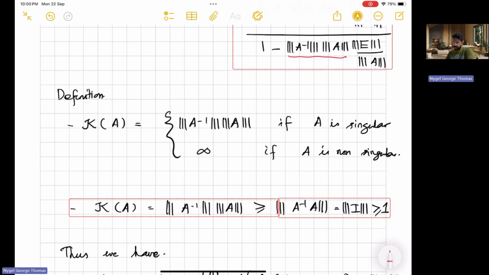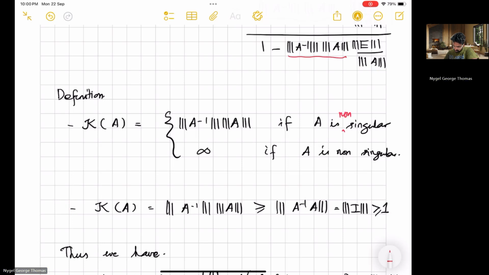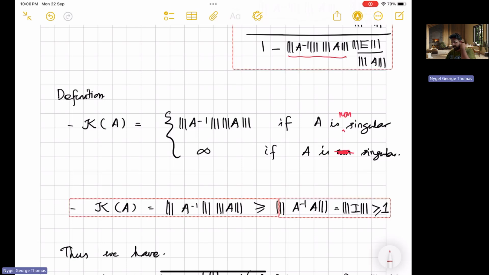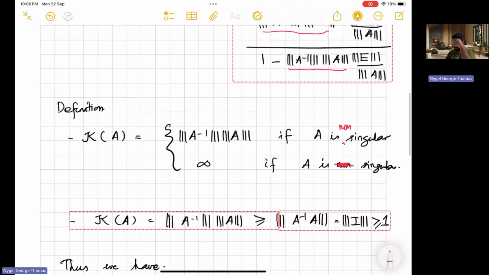The condition number of a matrix A is defined as the matrix norm of A inverse into matrix norm of A if A is non-singular, and if A is singular, it is defined as infinity.